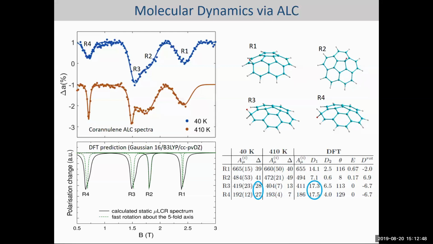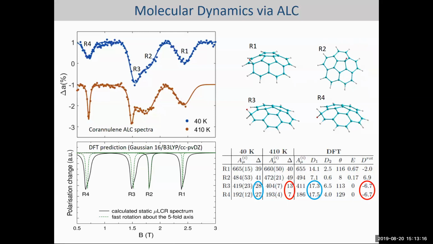So in terms of fit parameters, you can see the R3 and R4 have a similar width, which is also predicted by the DFT. And then you go up to 410 Kelvin. The DFT predicts a narrowing and a change of sign for this molecular rotation effect that was discussed before.